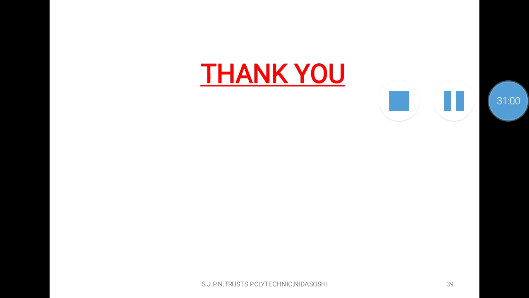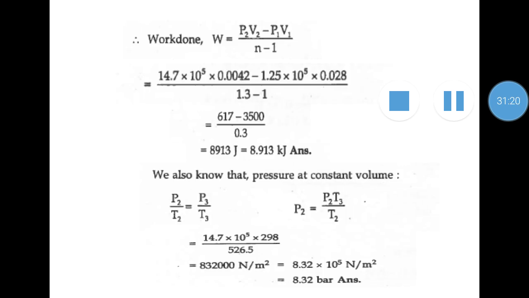And if temperature is constant, P1 V1 is equal to P2 V2. So using these equations we have to find the final temperature or final pressure. For an adiabatic process, PV raised to gamma is equal to constant, and for a polytropic process PV raised to n is equal to constant. Using this we find the final temperature and final pressures.